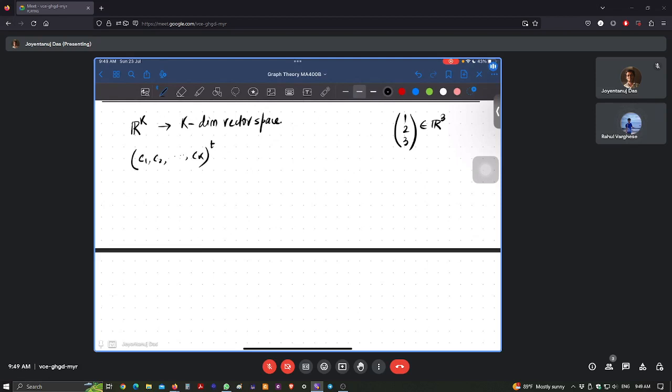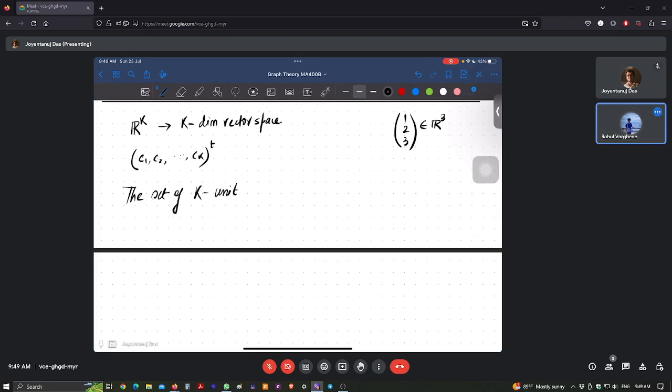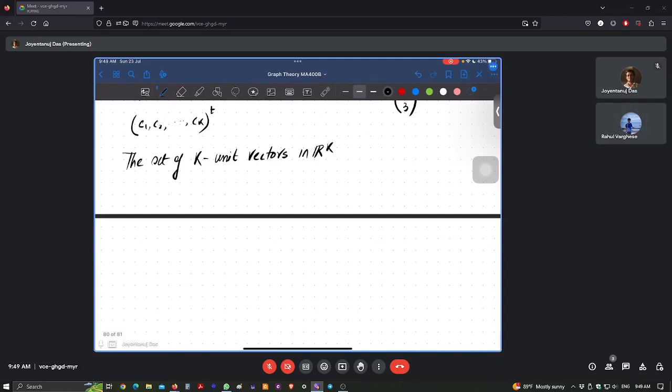So here we are considering R power k. The set of k unit vectors in Rk: let me write down which set we are considering. Here you have 1, 0, 0, all of the rest are 0. Then the second vector is 0, 1, 0, and so on up to 0, 0, and the last one is 1.